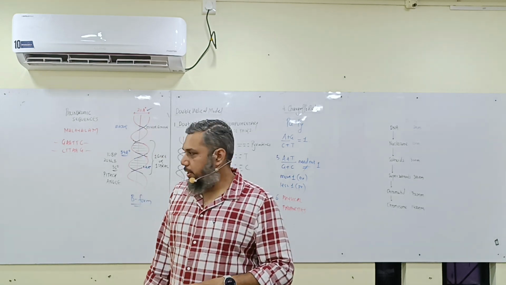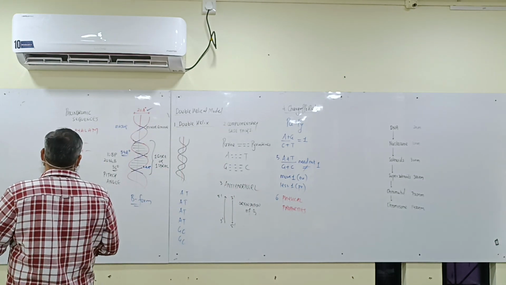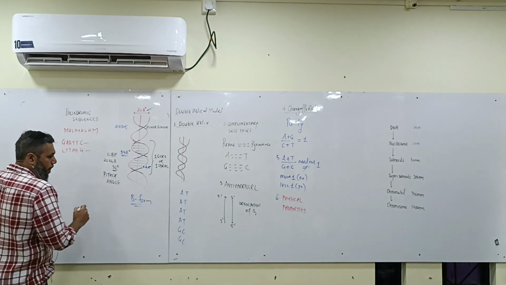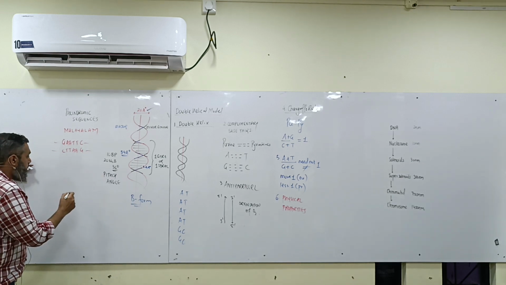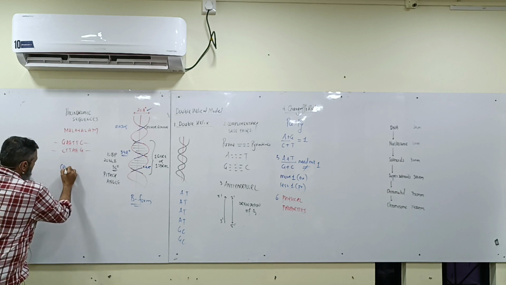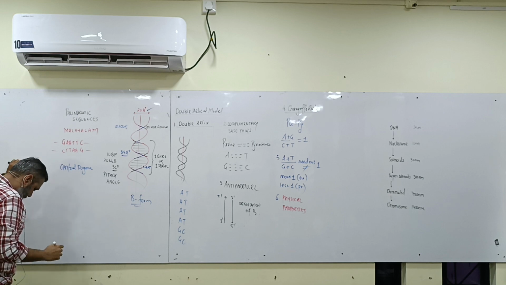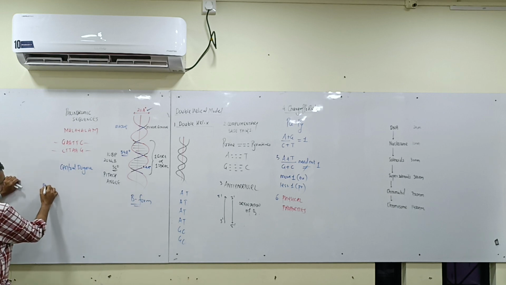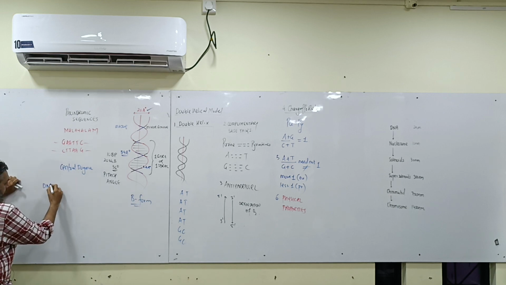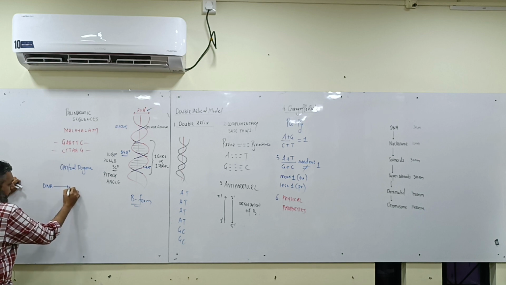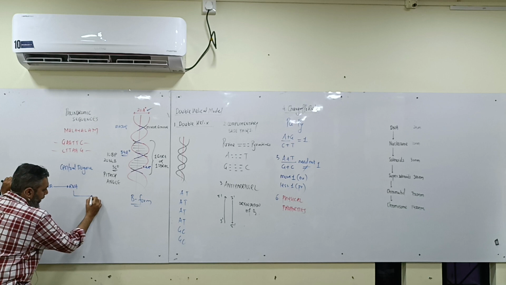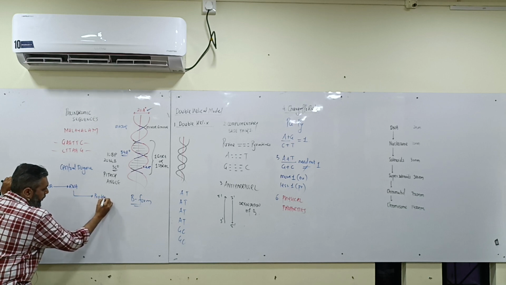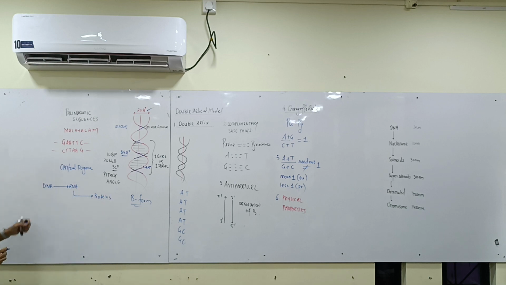But my point here is, our entire movie of molecular biology is based upon this central dogma: that the DNA can result in the formation of RNA, and the RNA can result in the formation of proteins.